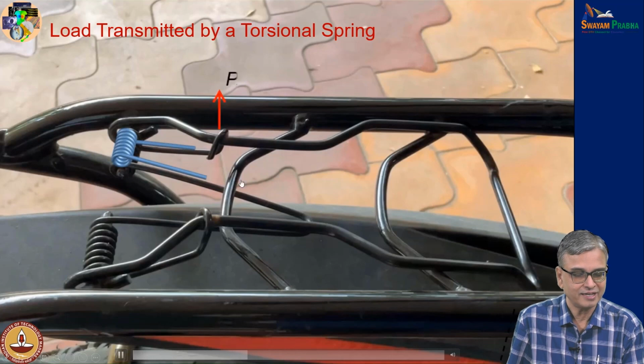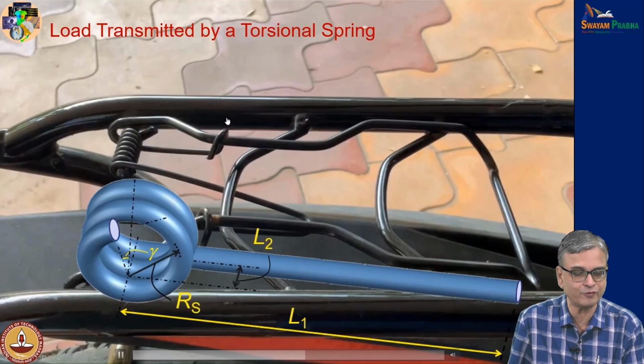Can I say that this is interacting here and this is a very long arm, where I can replace this by forces P1 and P2? Is the idea clear? You have a spring like this, and you have a bend like this. This is the torsional spring, and you have a long arm.